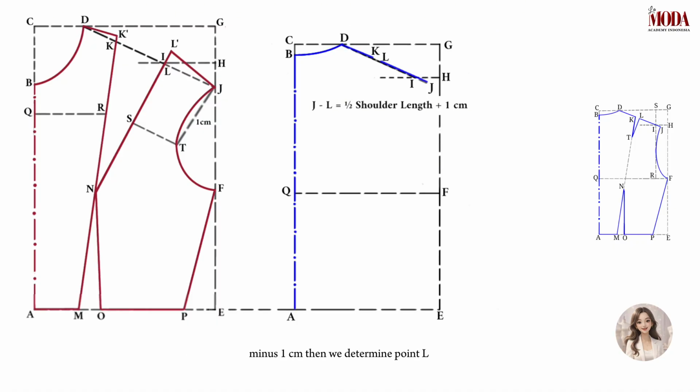Then we determine point L. The distance from point J to point L is half of the shoulder length plus 1 centimeter.